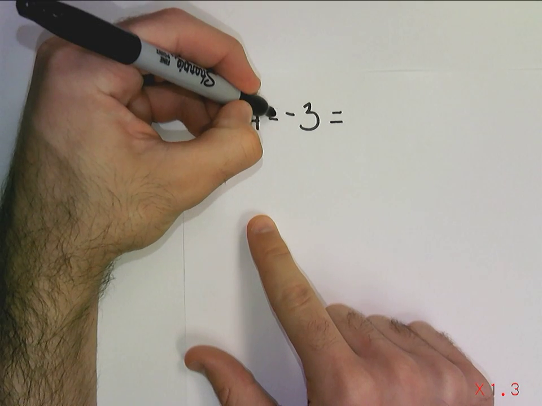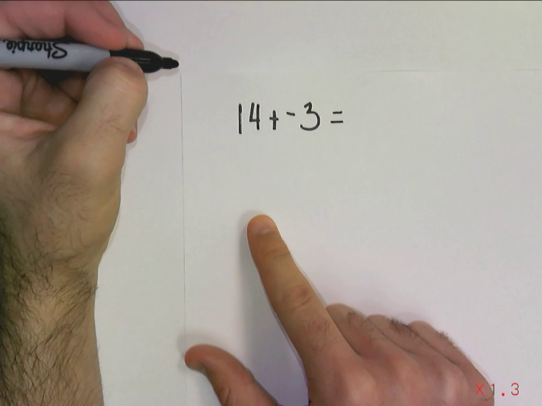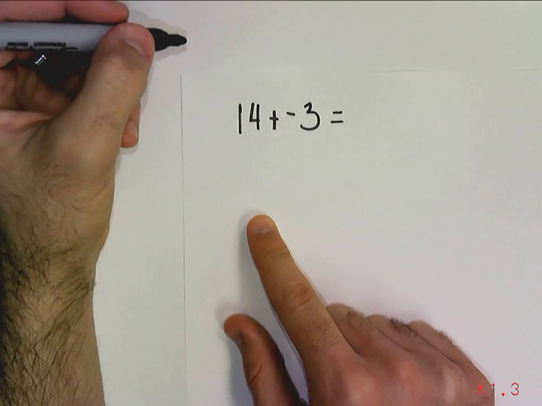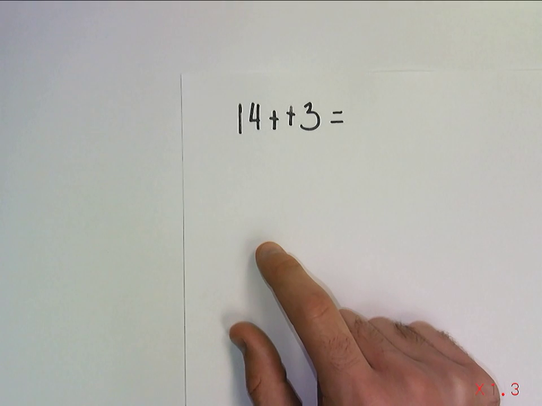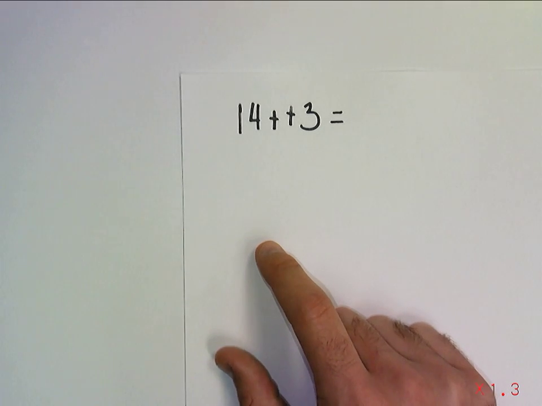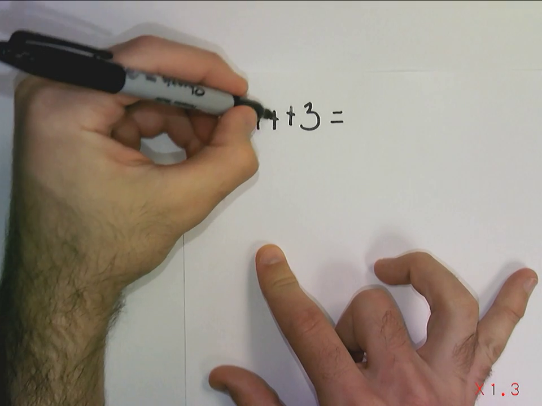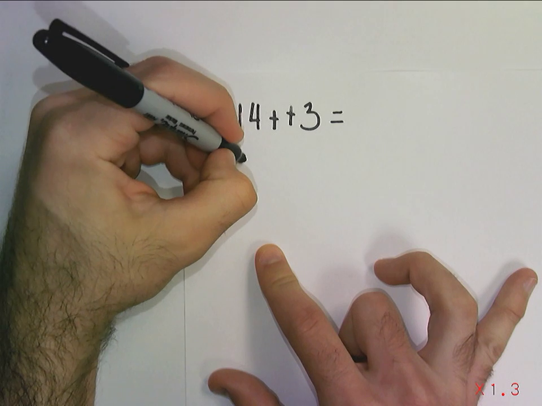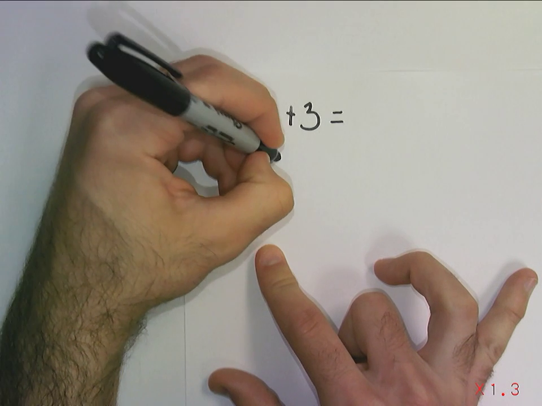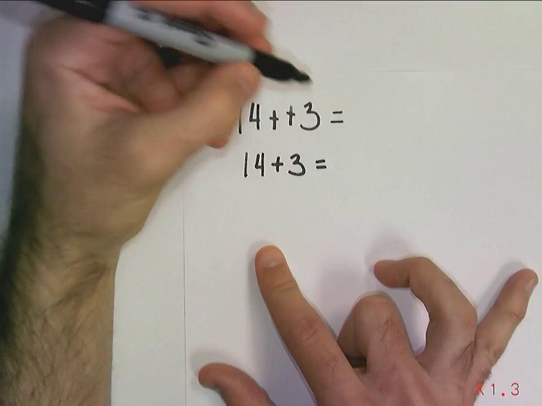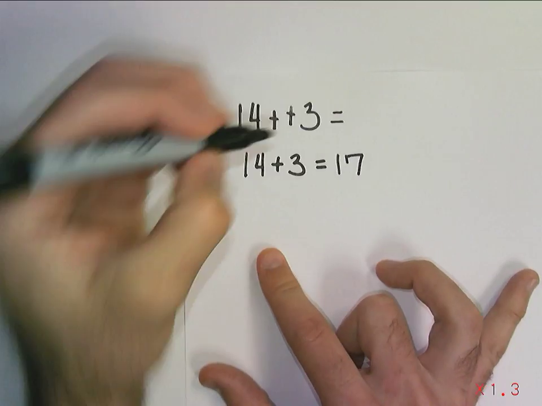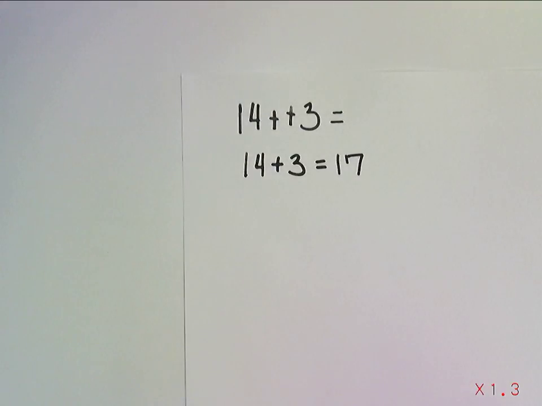Secondly, we're going to change the subtraction symbol to addition, and then change the sign of the second number. So we have 14 plus a positive 3, or we can just think of that as 14 plus 3, which is equal to 17. So that's one example of this.